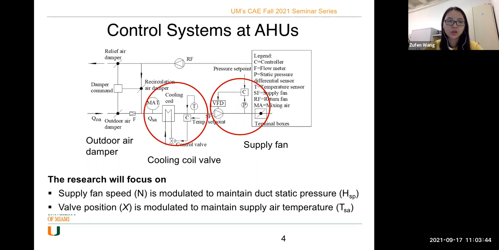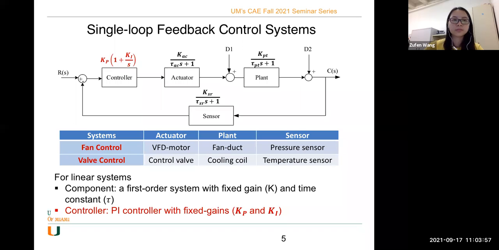For the fan speed control system, the fan speed is modulated to maintain the duct static pressure. For the valve control system, the valve position is modulated to maintain the supply air temperature. Generally, the 2 control systems are designed as single loop feedback control systems.